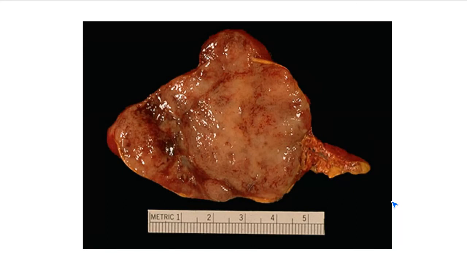So with a lot of these neuroendocrine tumors, they can look quite ugly on histology and still be benign. So they're going to have a good prognosis. So with these tumors, it's very difficult to ascribe malignancy based on the histology. Okay, so that was pheochromocytomas.